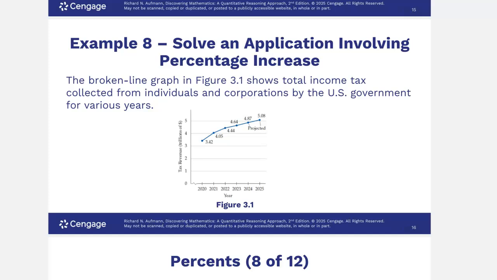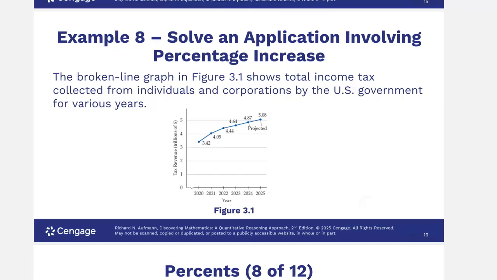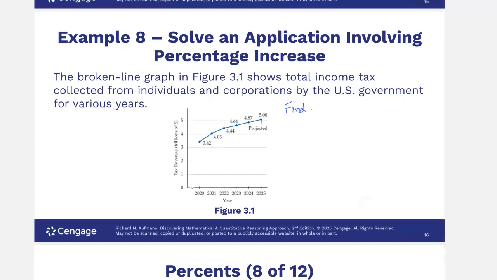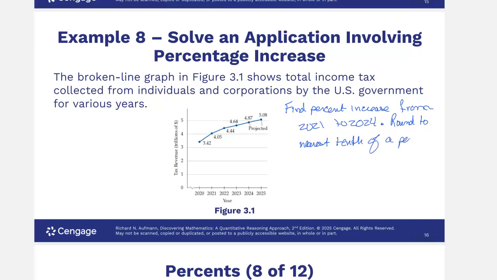So let's use this picture to find the percent increase in tax revenue from 2021 to 2024. We'll round to the nearest tenth of a percent.